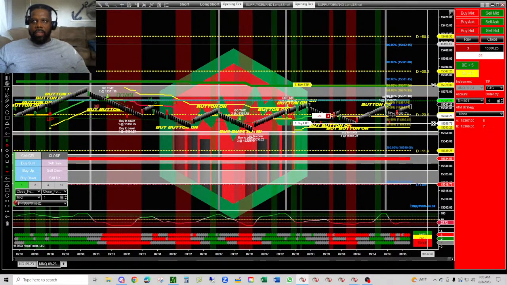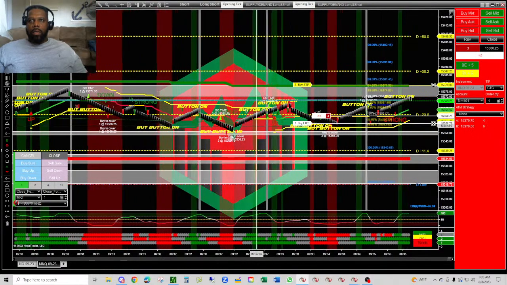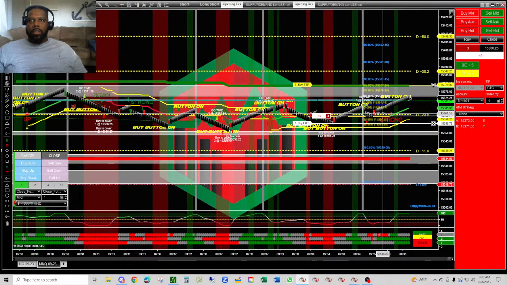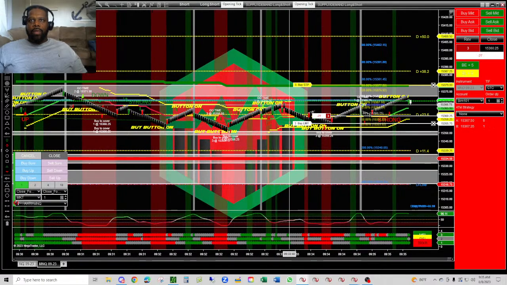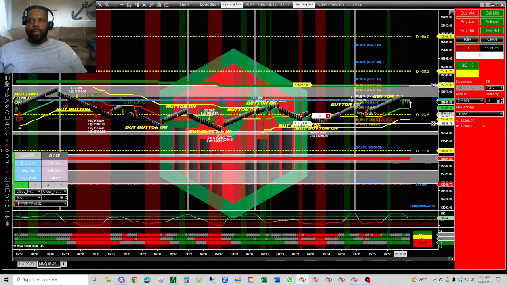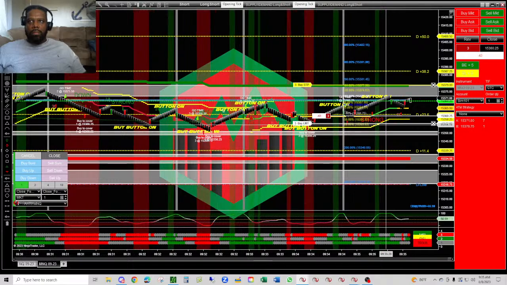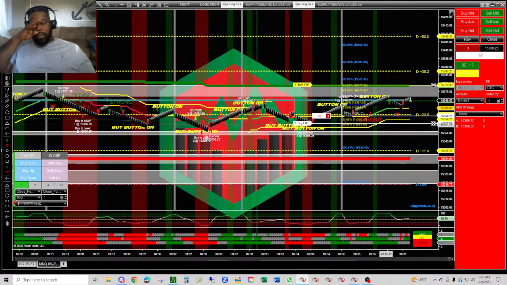Now, this I don't like. I don't like these higher lows. Higher lows, higher lows, higher lows. We don't have a higher high until now. So this could be a formation of an uptrend. And if it is, we'll be in the next uptrend.